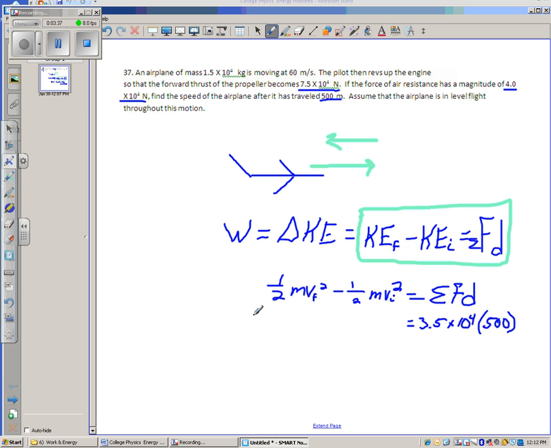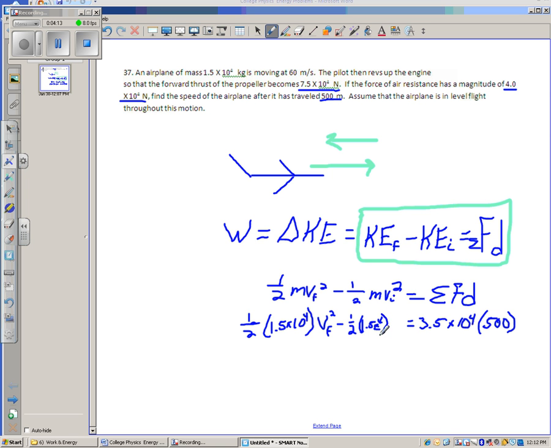Okay, then we can add in all this stuff. So 1/2 multiplied by 1.5 times 10 to the fourth times v final squared. That's what we're going to solve for. Minus 1/2, run out of room here, 1.5 times 10 to the fourth.